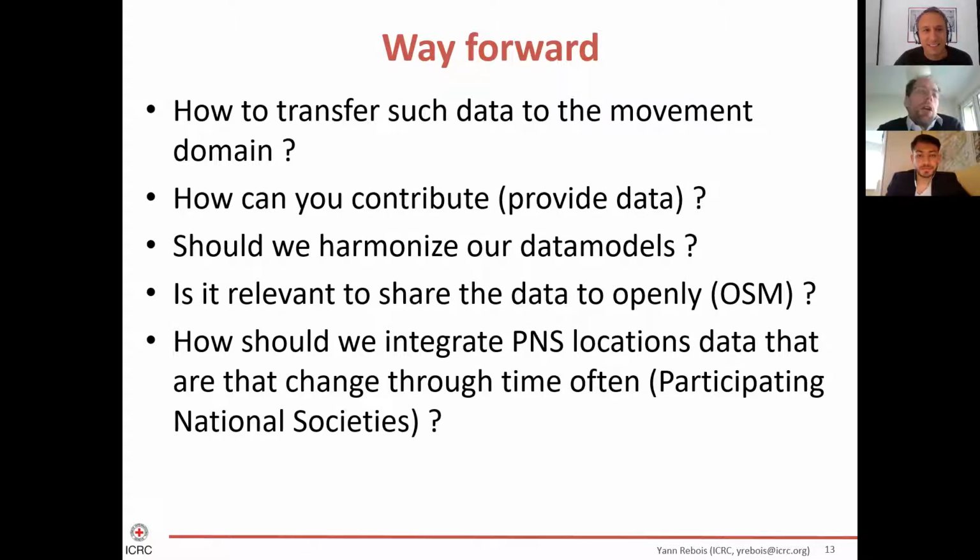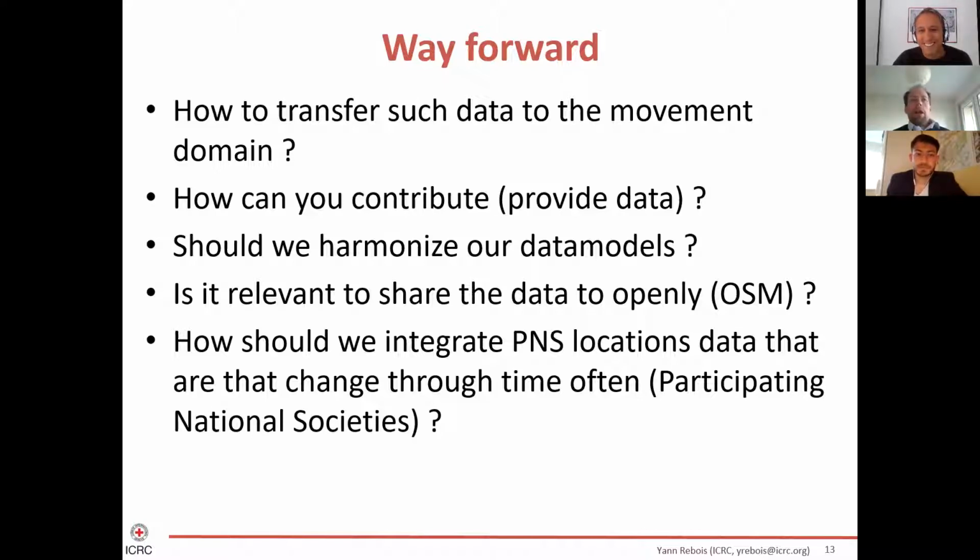For me, the biggest hurdle is really related to data governance and political acceptance, and coordination between the movement, because maybe some of the national societies don't want to be fully mapped, and we have to respect that.